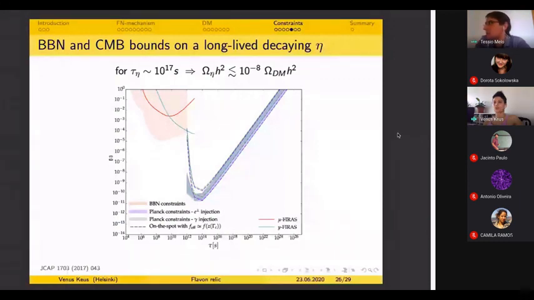So the setup is very much like an axion-like particle, but this is kind of a leptophilic flavon. It has nothing to do with the quarks.